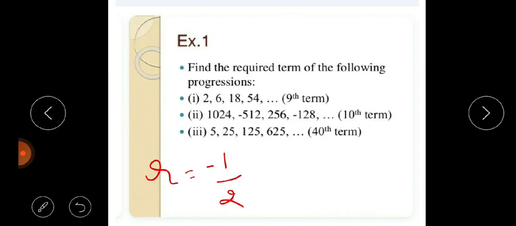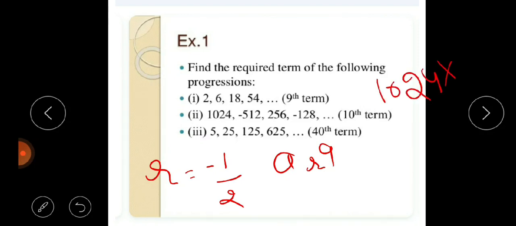Okay, and you have to find its 10th term. 10th term, that means A into R raised to power 9. So this is 1024 into minus 1 by 2 raised to power 9. So after solving this, our answer will be the 10th term.